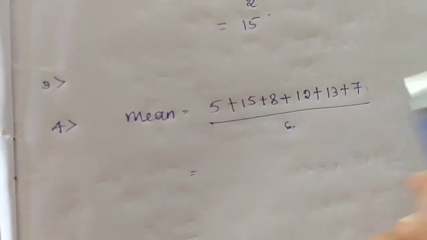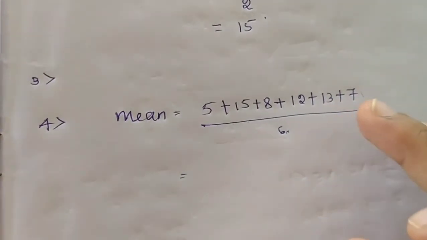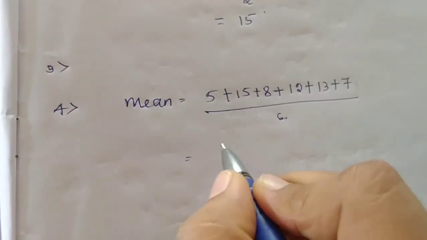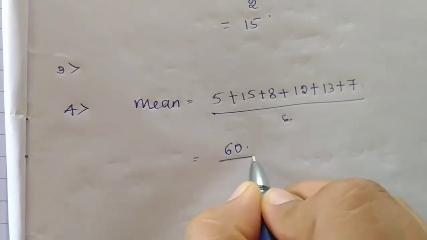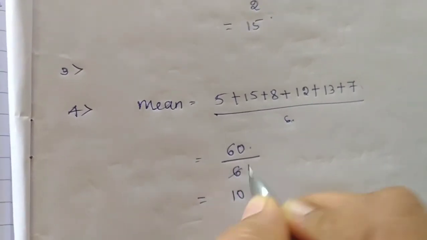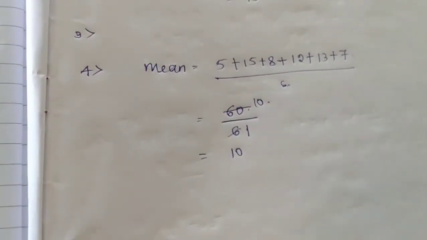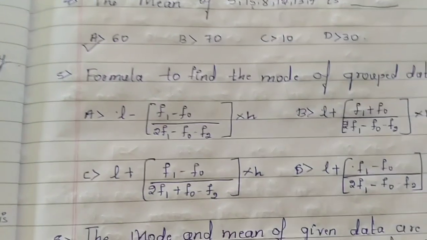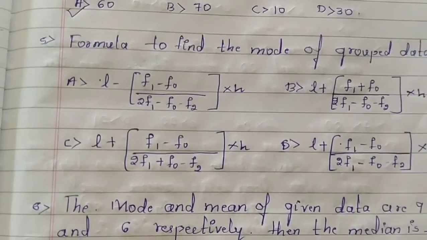When you add up 5, 15, 8, 12, 13 and 7, you are going to get 60. 60 divided by 6 is equal to 10. 6 ones are 6, 6 tens are 60. So the correct answer is option A. Now let us move on to the next question.